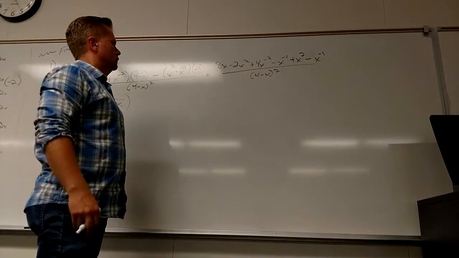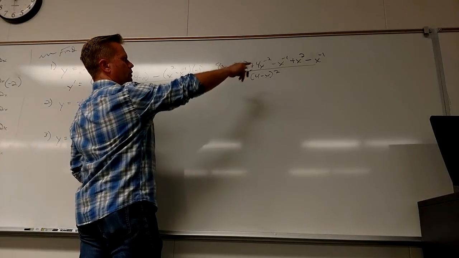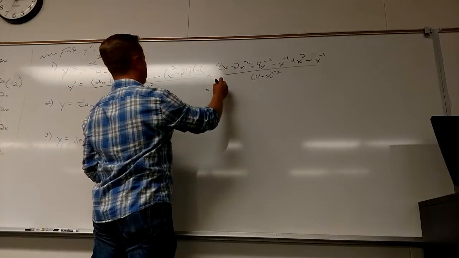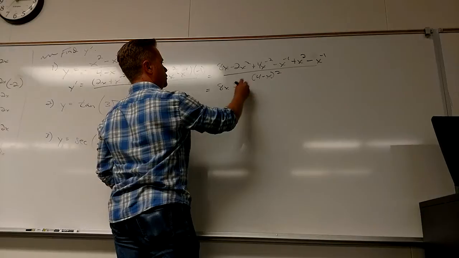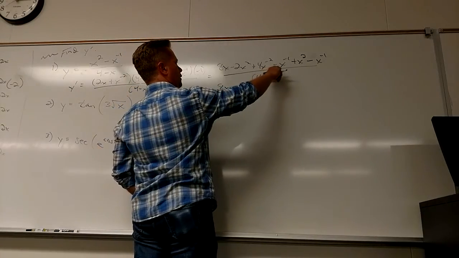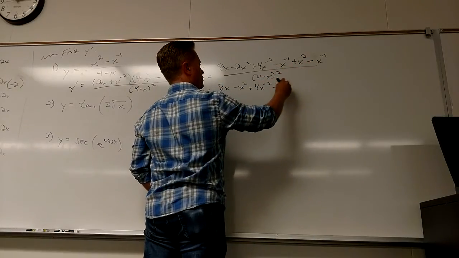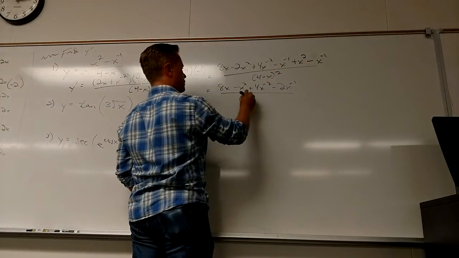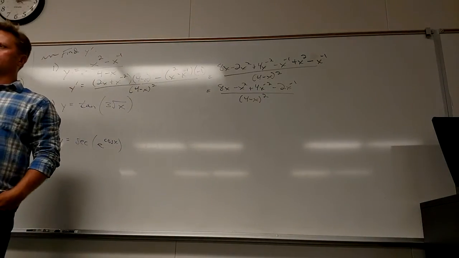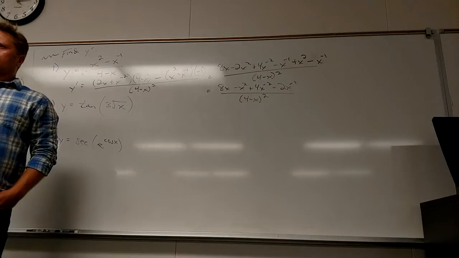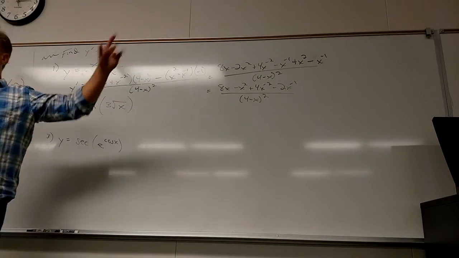I don't have any other x terms, do I? No. So 8x minus x squared plus 4x to the negative 2 minus 2x to the negative 1, all over this business here. Now, if you had multiplied top and bottom by x, you would get the same answer, just in a bit of a different form.